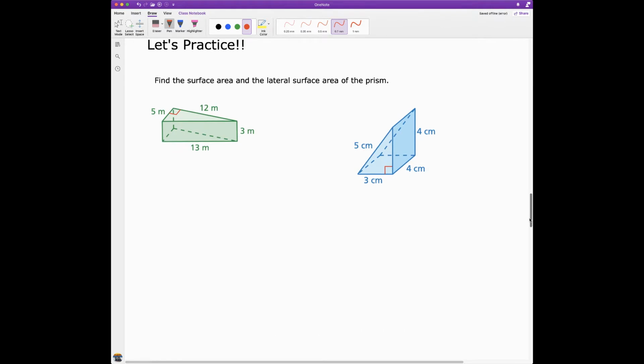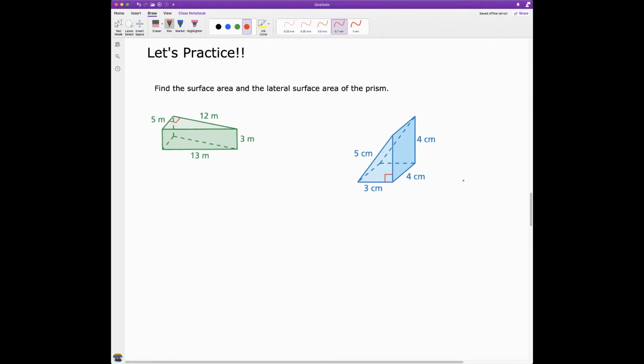So let's look at a couple of examples. So for the first one, the formula is area of the bases. I always like to shorten things, so I use AOB, area of the bases, plus the area of the lateral faces.